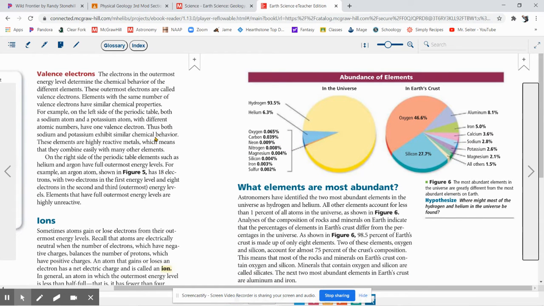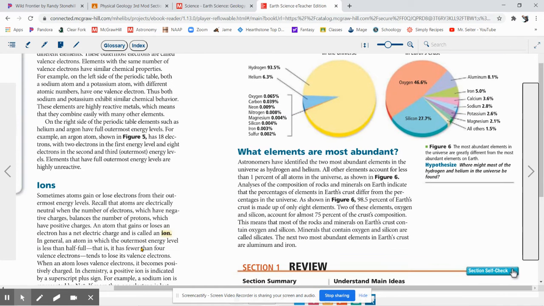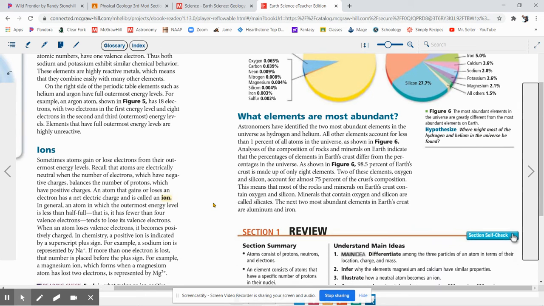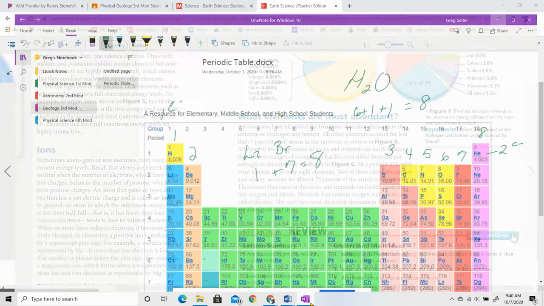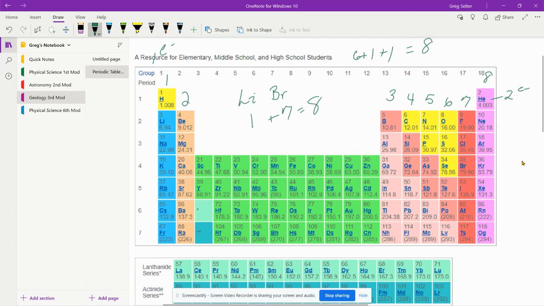All right, so back to where we left off. Valence electrons, then ions. Ions have an electrical charge. Remember that I have a staircase here. I know my staircase doesn't look that good, but here's my staircase. These gain electrons over here.